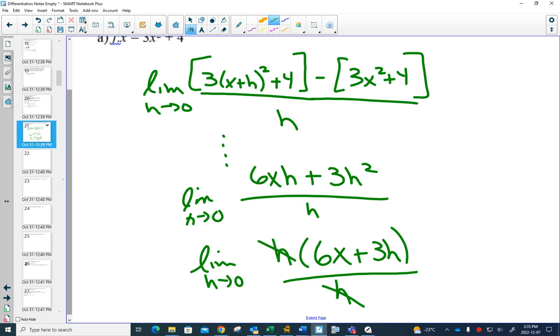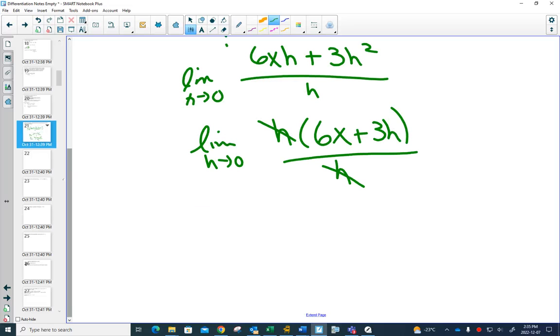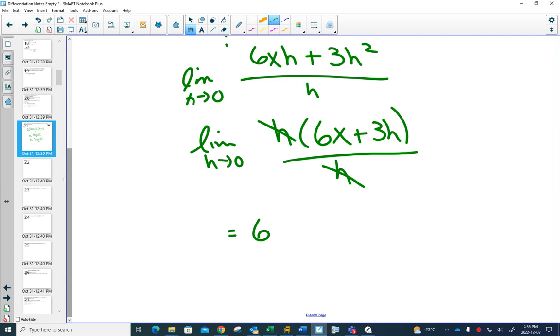The whole thing about this limit, the reason we couldn't figure it out, is because if you plugged in 0 for h, you're dividing by 0, which is not allowed. But once the h cancels out, I can now plug in 0 for h. Right? You're allowed to do this. What is 6x plus 0? It's equal to 6x.